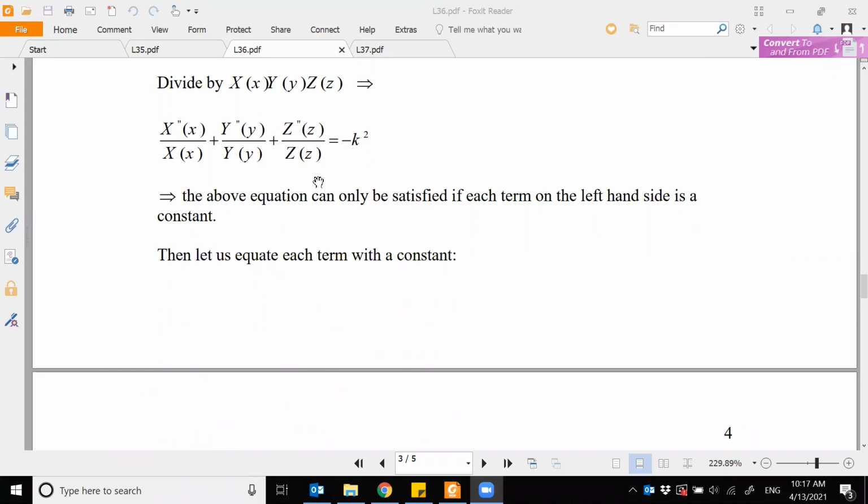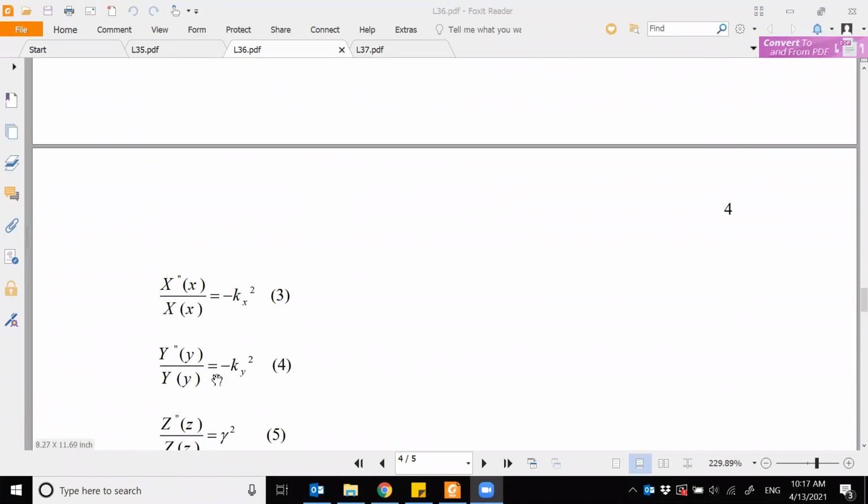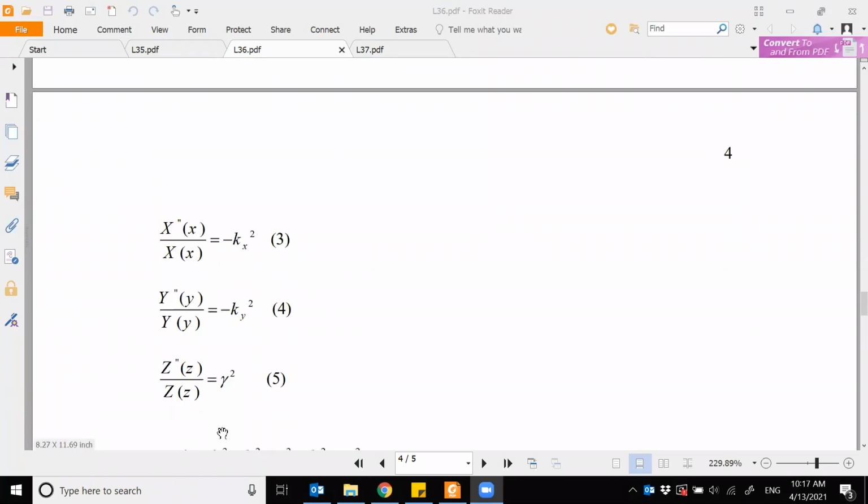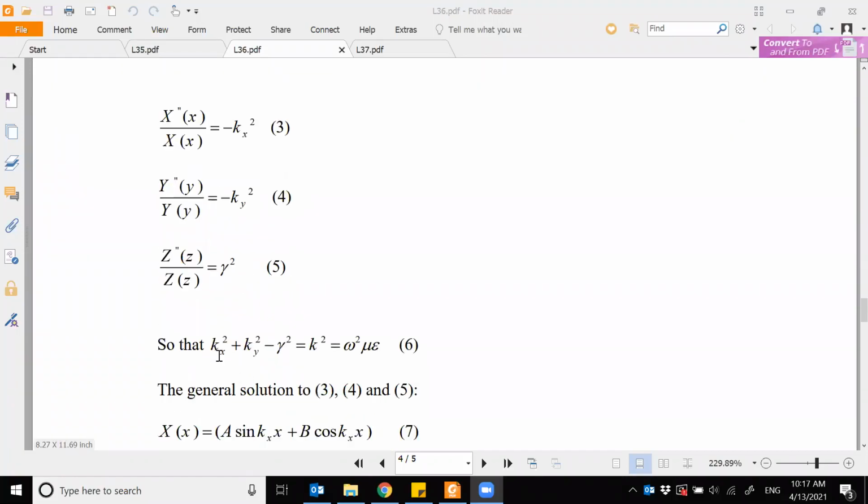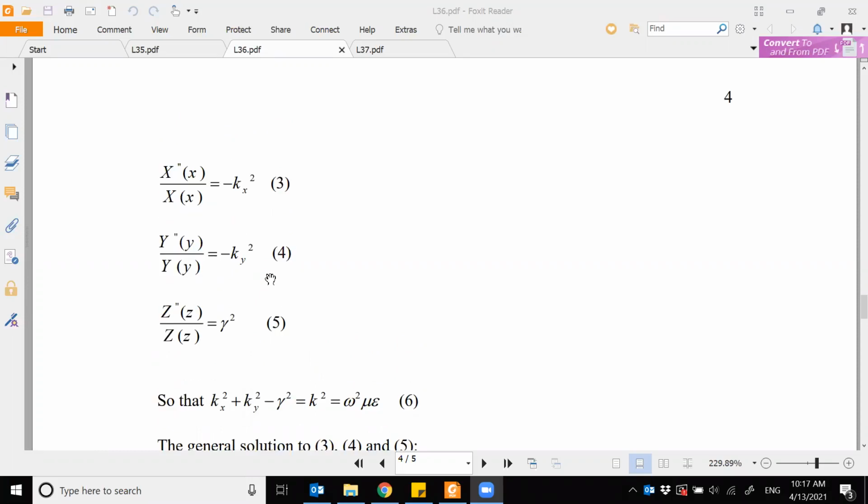If you bring all of these right hand terms to the left hand side, and then equate, this is what you get: kx squared plus ky squared minus gamma squared is equal to k squared. And we have just now seen that k is nothing but omega root of mu epsilon. So all this must be equal to k squared, which will be equal to omega squared mu epsilon. So this is how we solve it.